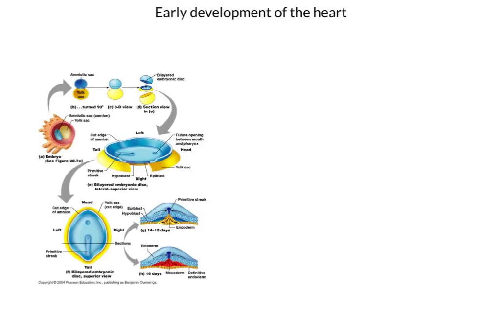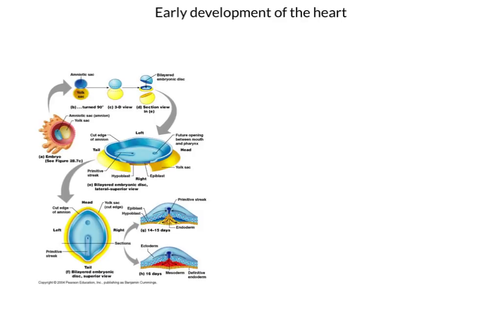Furthermore, when we look down upon this embryonic disc, we can also see a structure known as the primitive streak. If we look at it from directly above in this figure here, we can see the primitive streak in a little bit more detail. The primitive streak is very important during development, since this is the site at which these outermost cells, which as we said will become ectoderm, invaginate to form the mesoderm.